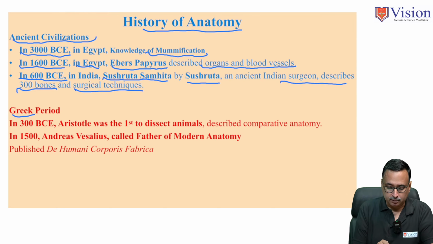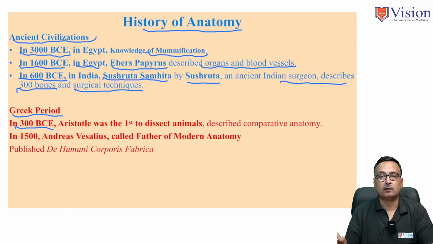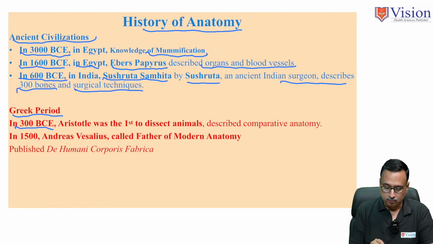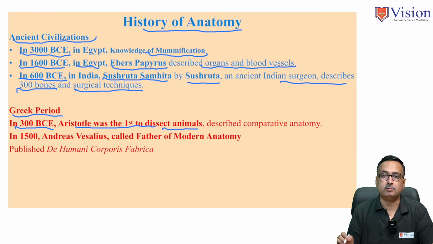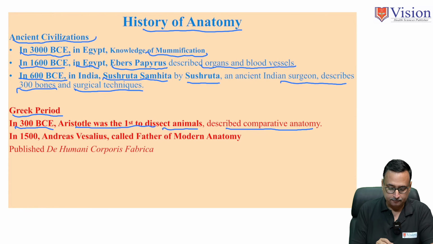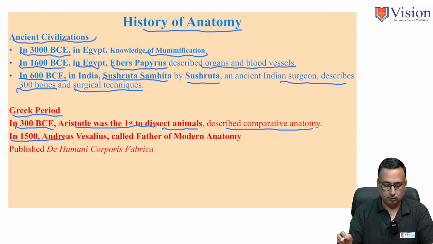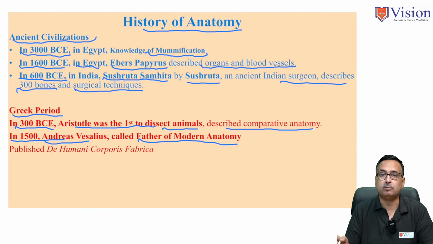Next comes the Greek period, around 300 BCE. It was Aristotle who first dissected animals, and he described the comparative anatomy of animals. In the 1500s, it was Andreas Vesalius, who was labeled as the father of anatomy.